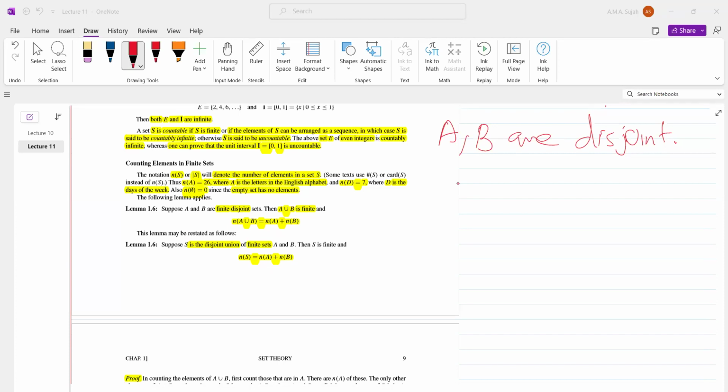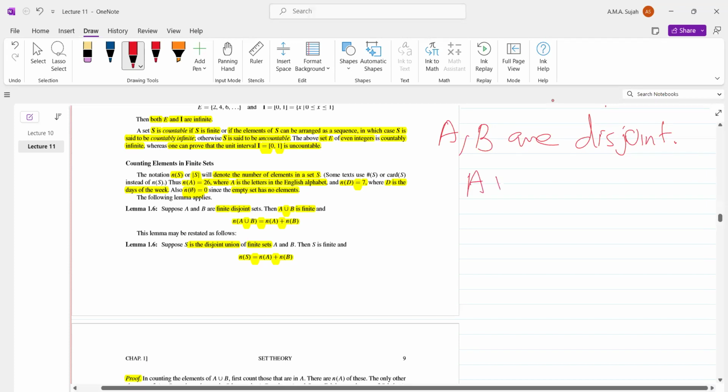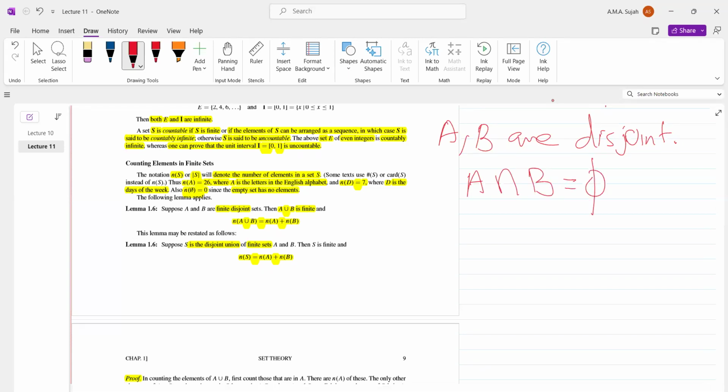So if there is no common element between A and B, what does it mean? We can write it symbolically: if there is no common element between A and B, it means A intersection B is equal to null, right? So if I ask a question, there are two sets A and B, and A and B are disjoint.